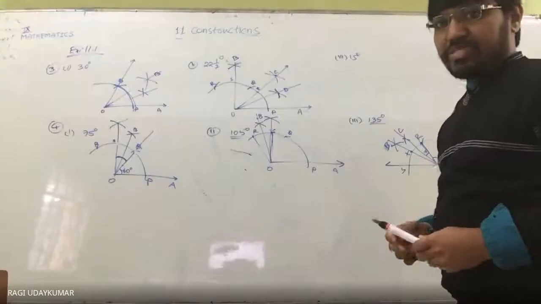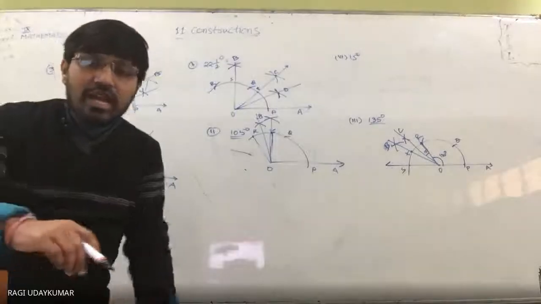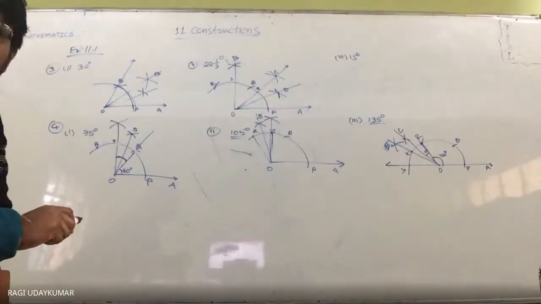Sir, yes. Sir, in the third question, second part, in the 22.5 degrees where you have drawn, is it necessary there to make the angle from the initial point of the line?